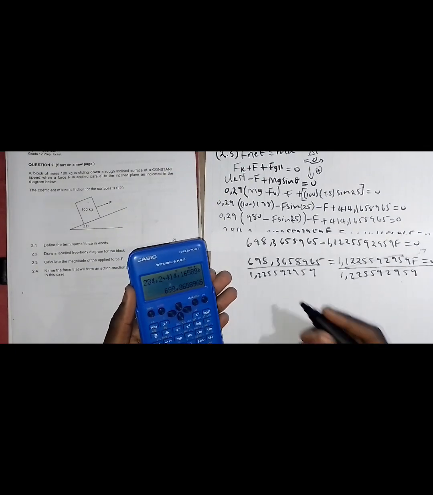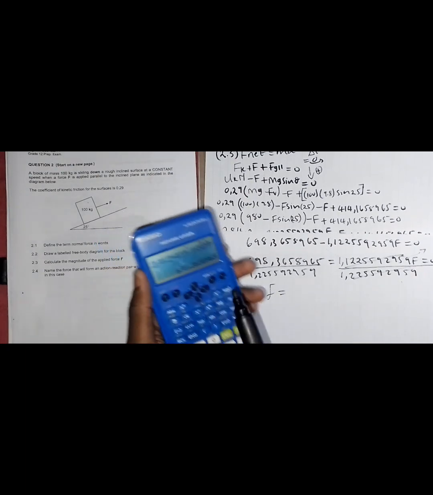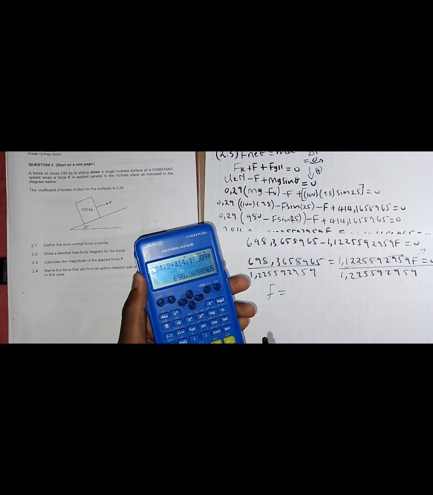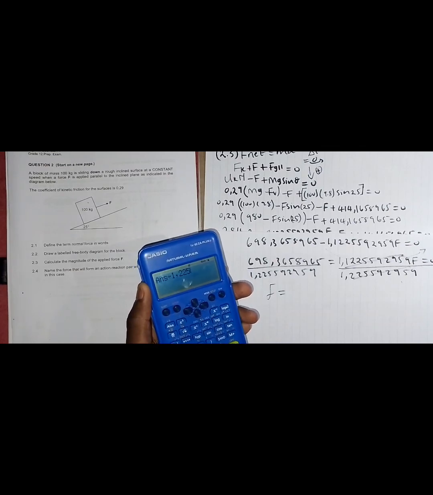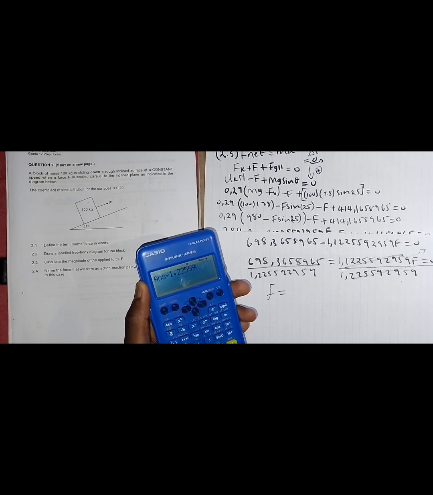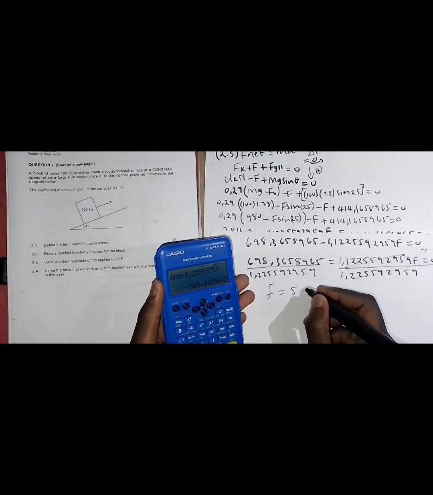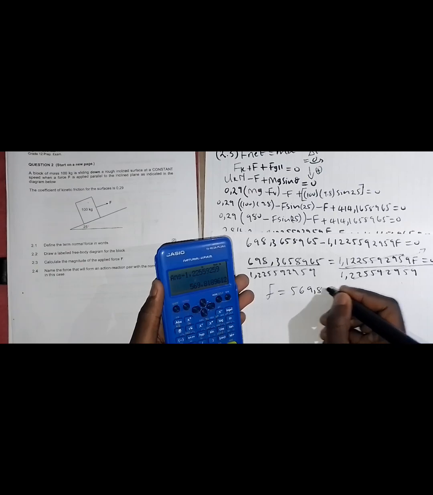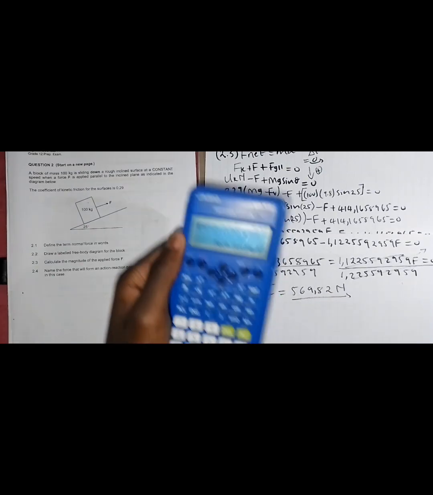Then we are going to be left with F equal to, we have this number already, divided by 1.225592959. It is equal to 569.82 newtons.